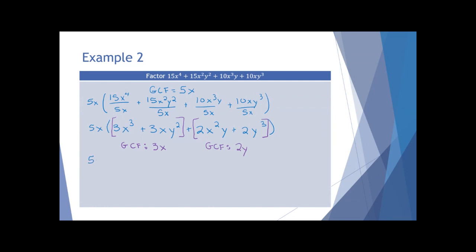So I've got my 5x parenthesis. And now I'm going to factor out my 3x. So I'm taking the 3x that I'm dividing from each term. And then I'm taking out a 2y that I'm dividing from each term.